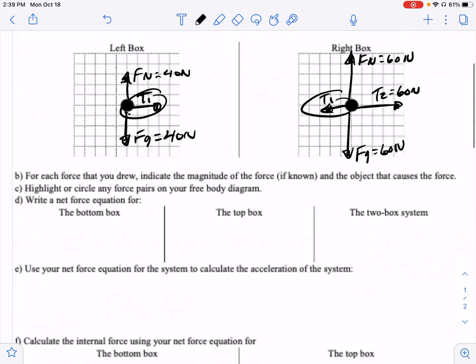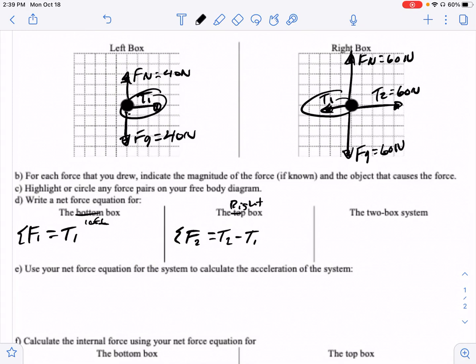Now we're going to make our free body diagrams for the bottom box, top box, and then for the two box system. So for our box 1, it's just equal to T1. Box 2, or the top box, I guess that should say the one on the right and the left. It's going to be T2 minus T1.